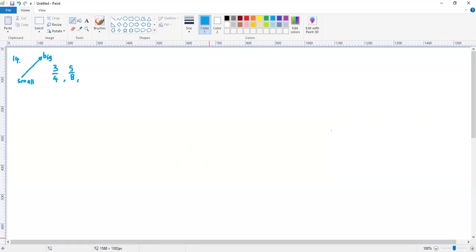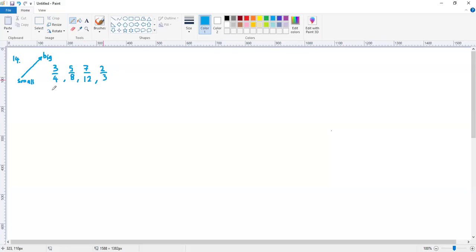Is it 2/3? No, no. 2/3 is the last one. Oh, 7/12, 2/3. Okay, then 2/3. Remember, we've not arranged this yet. This is just us writing the question, about to solve it.